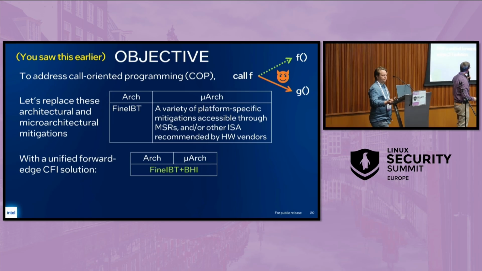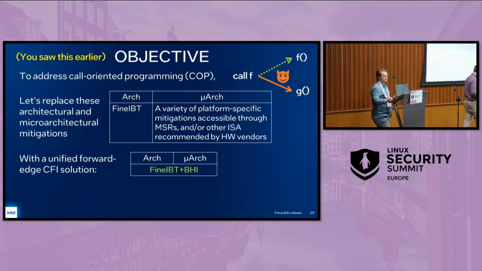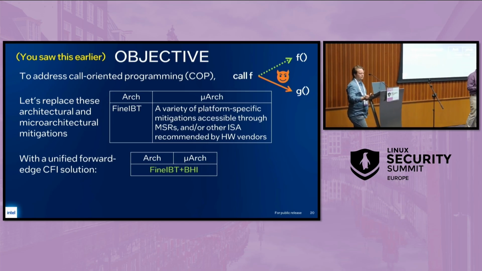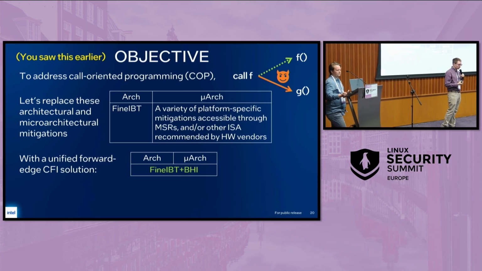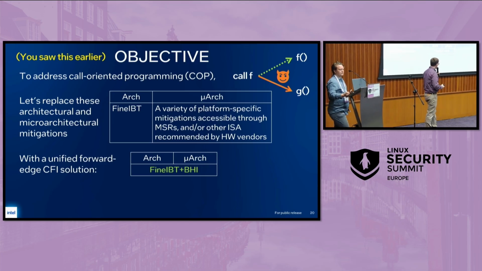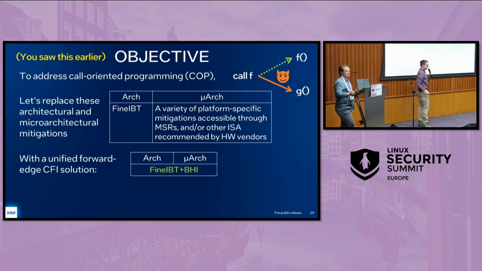This is the slide we showed at the beginning because, as I alluded to, this is a work in progress. There's still work to be done. But eventually the goal is that we're going to have FineIBT plus BHI as the forward edge CFI solution for the Linux kernel on Intel processors.